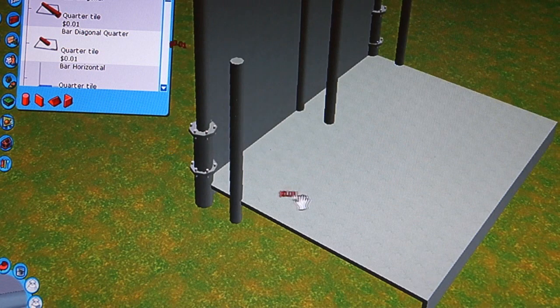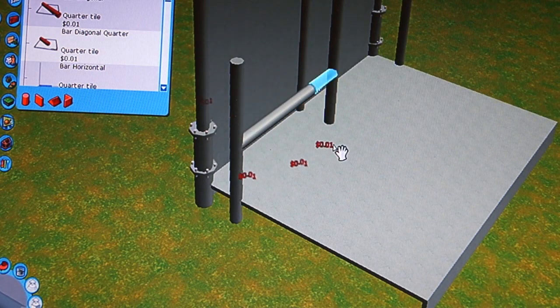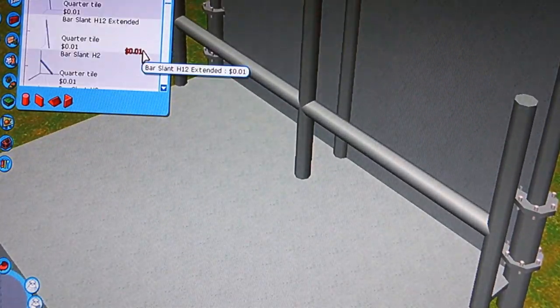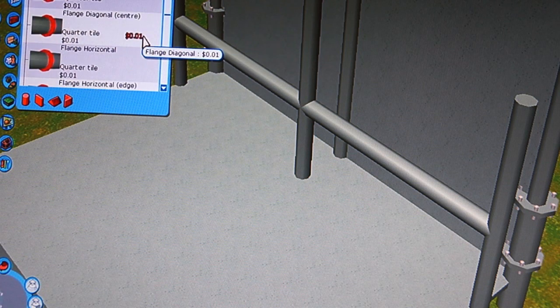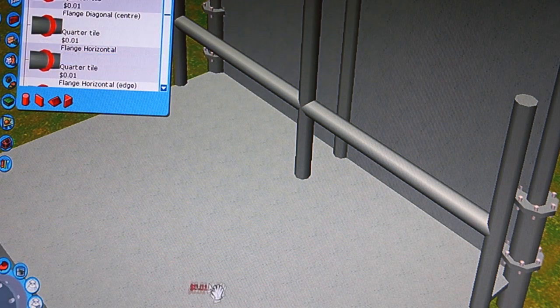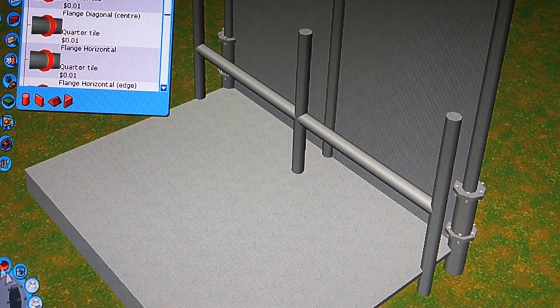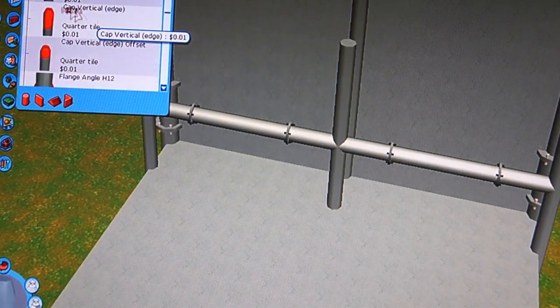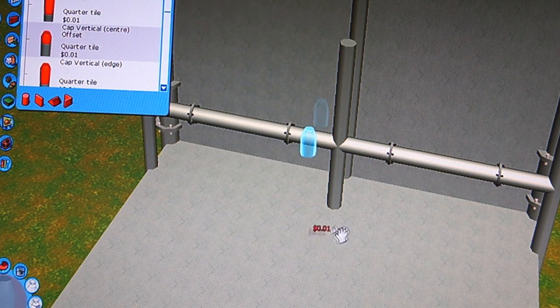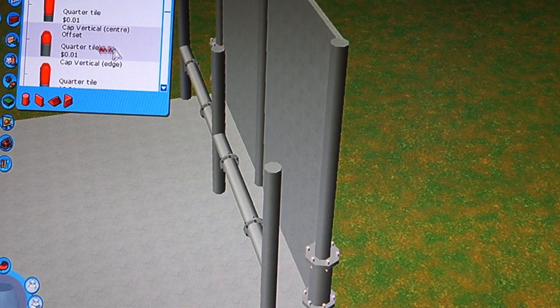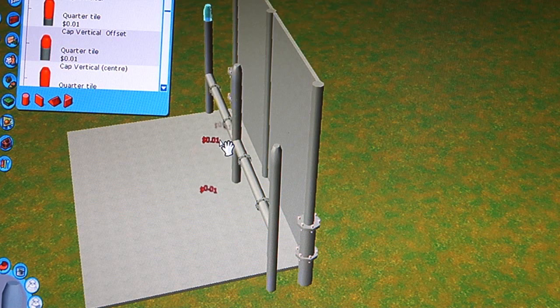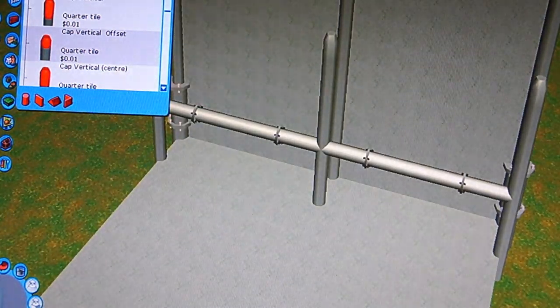Oh, no. Right, so we've got a basic framework there. Just trying to think here.